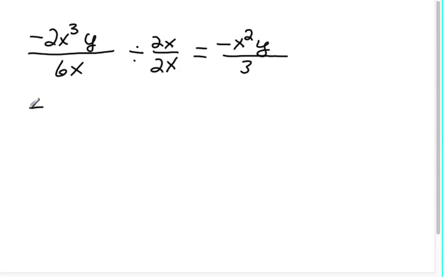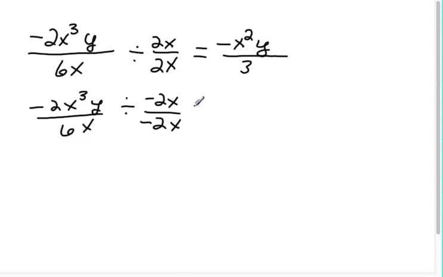Now, if I had divided negative 2x cubed y over 6x by, let's say, a negative 2x over a negative 2x, both have to be negative if I'm going to divide by a negative number. Negative 2x cubed y divided by a negative 2x is going to be a positive x squared y, and 6x divided by a negative 2x is going to be a negative 3.